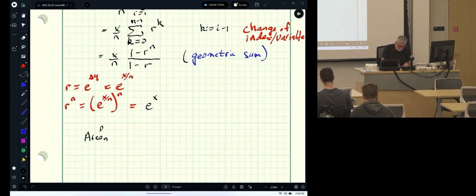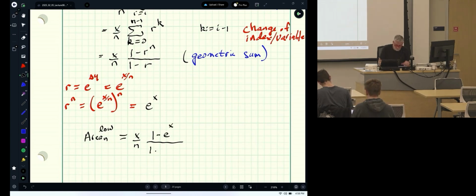area n low equals, after just a little bit of algebra, we have x over n, 1 minus e to the x, over 1 minus e to the x over n.